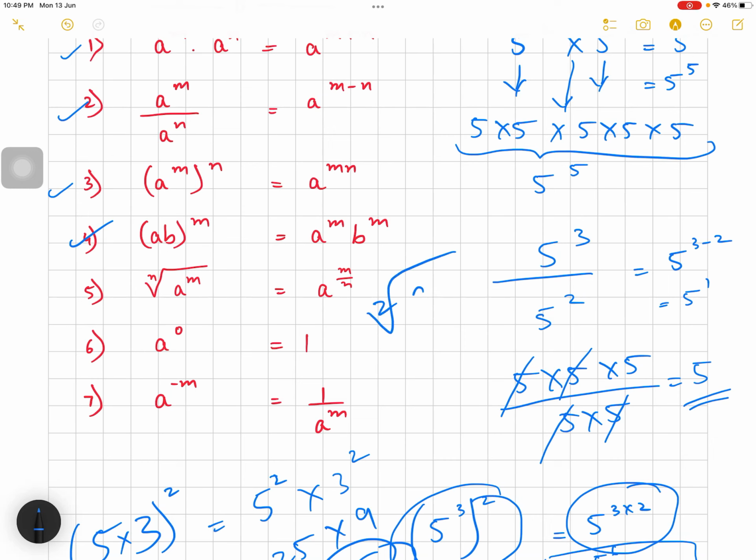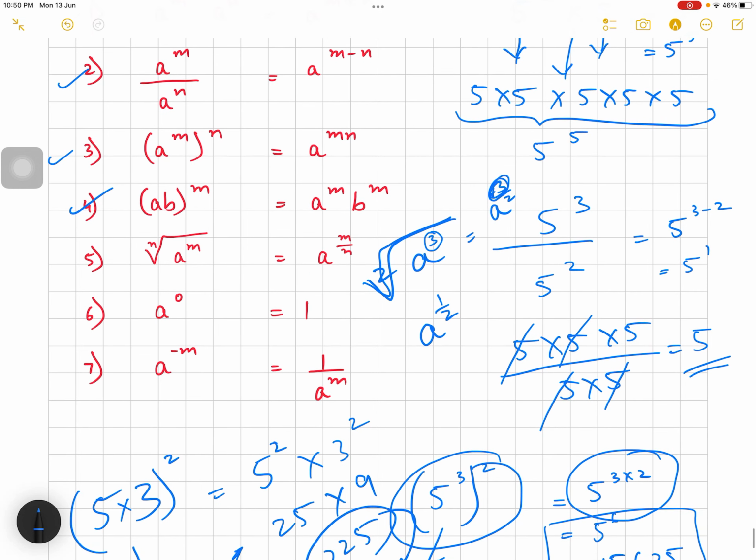So if square root of A is given, it can be written as A raised to 1 by 2. If square root of A raised to 3 is given, it can be written as A raised to 3 by 2, because the square root sign is 1 by 2 and the cube is as it is. The minus sign will not come.